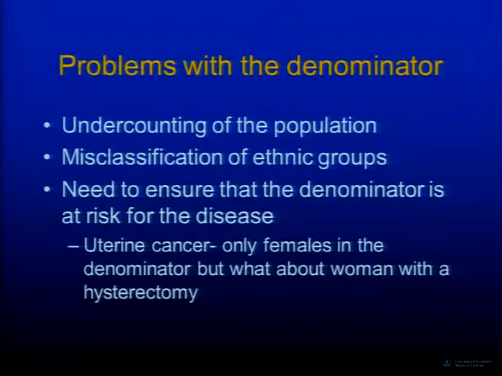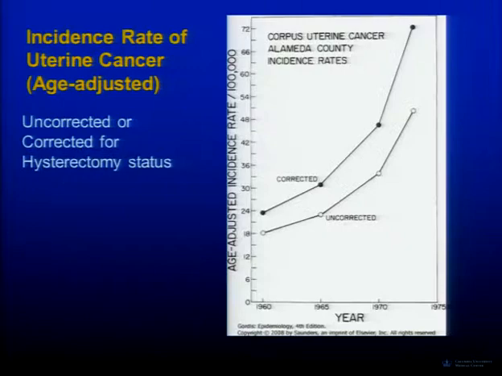So here's an example going back to the uterine cancer, where we're looking at the incidence rate of uterine cancer. It's age adjusted, so they already took into account age, so this data is not being influenced by age. But the uterine cancer rate here, uncorrected, is based on all females.